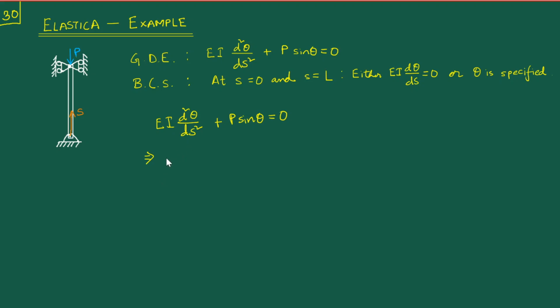But we can have a discussion about that later. So what we do here is multiply throughout by d theta/ds. It seems for no rhyme or reason that we're doing it, but you will see the beauty of this trick in just a while. This is the real trick to deal with this nonlinearity.